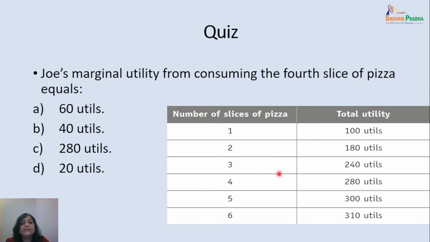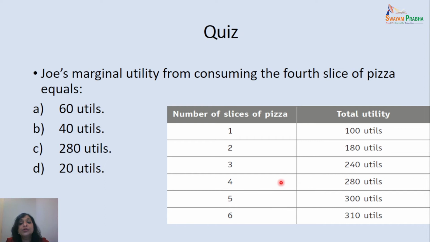For 2 slices it is 183, then 240, 280, for 5 slices 300, and for 6 slices 310. Utils is the unit in which we are measuring your utility. So we are asking, what will be Joe's marginal utility when he is consuming the fourth slice of pizza? What will be the answer?